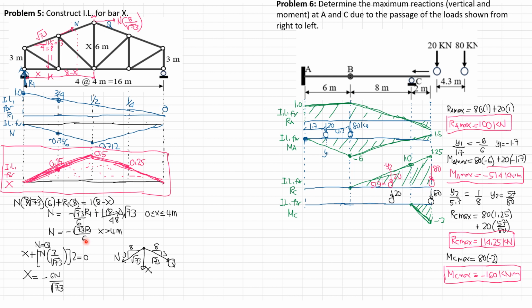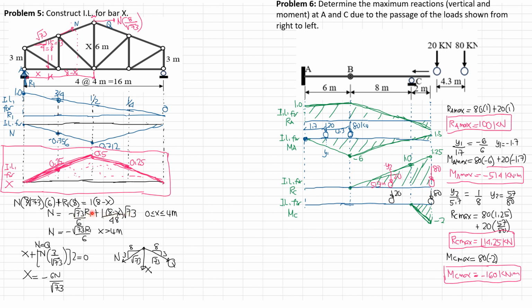Beyond that, the formula for N becomes, because this will be removed out of context, N is equal to this term here, negative square root of 73 R1 over 6, and that is for x greater than 4.